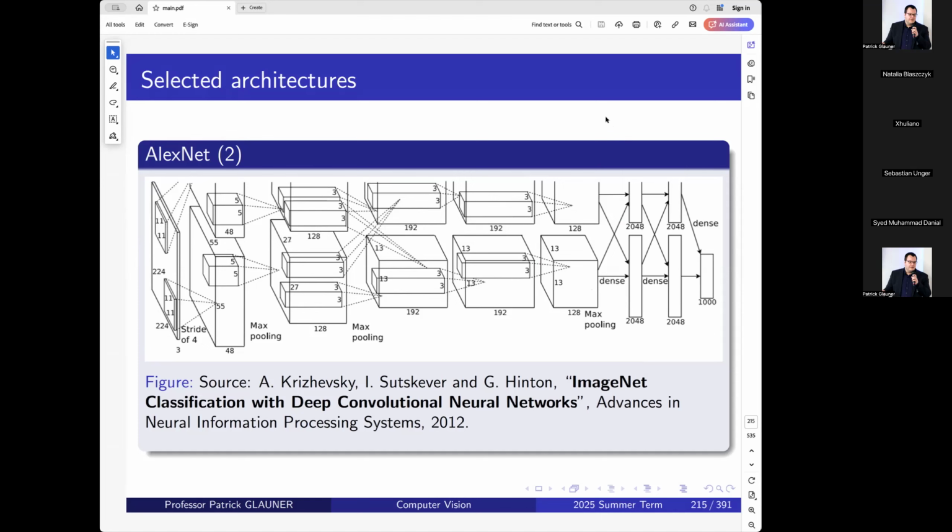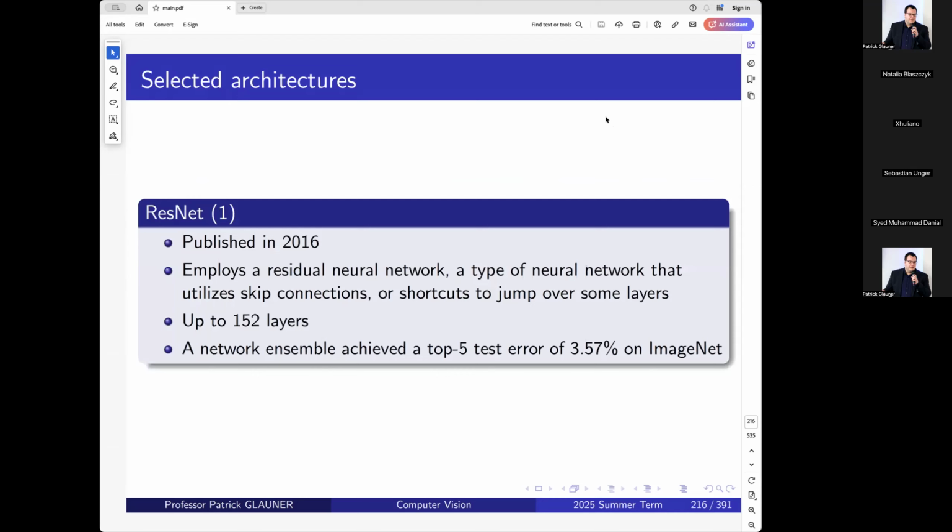So the AlexNet was the beginning of a huge series of neural networks that became popular. A few years later, the ResNet was proposed. And what it does is it proposes a new architecture that we will see soon.